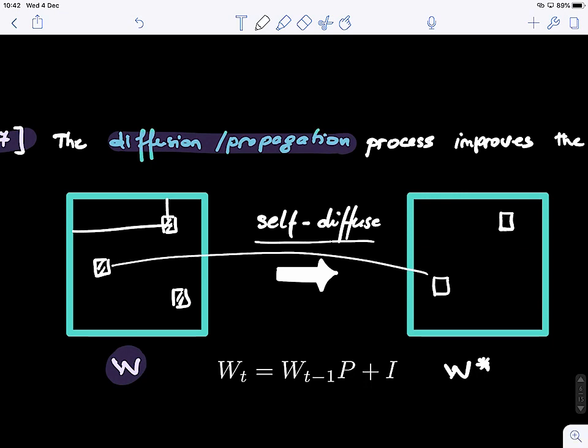It will diffuse the noise through the whole graph. So these outliers will not stand out when you're trying to perform a particular task like retrieval or clustering. Okay, so the self-diffusion process always improves the quality of the similarity matrix of a single graph.